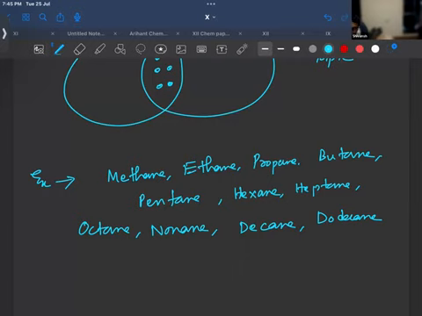The suffix for saturated hydrocarbons is ane. Alkanes end with ane, right? Yeah.